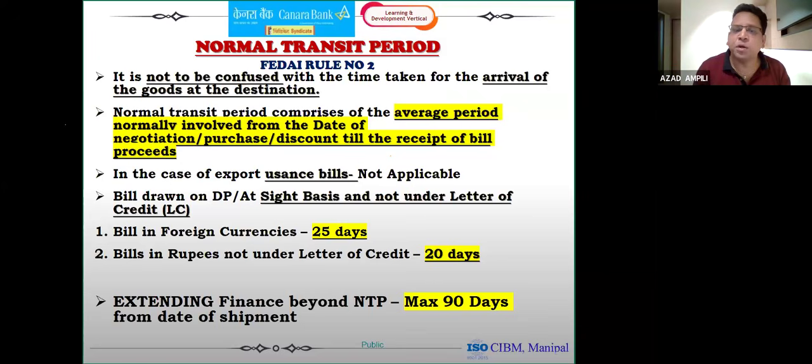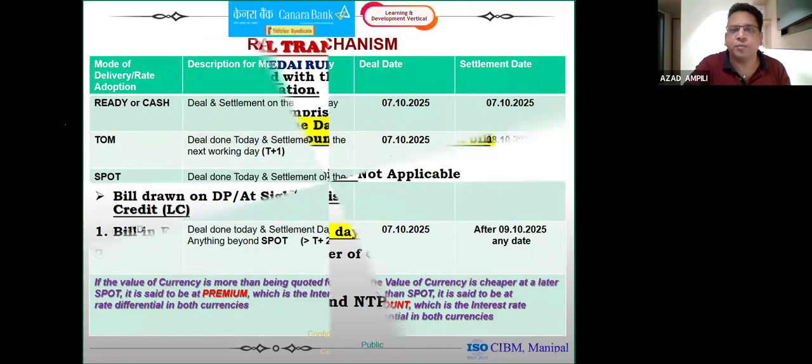Then the exporter will seek some time. So how much time can we extend? Extending finance beyond normal transit period is a maximum of 90 days from the date of shipment. This 90 days, 25 days, 20 days, you have to remember from the exam point of view.